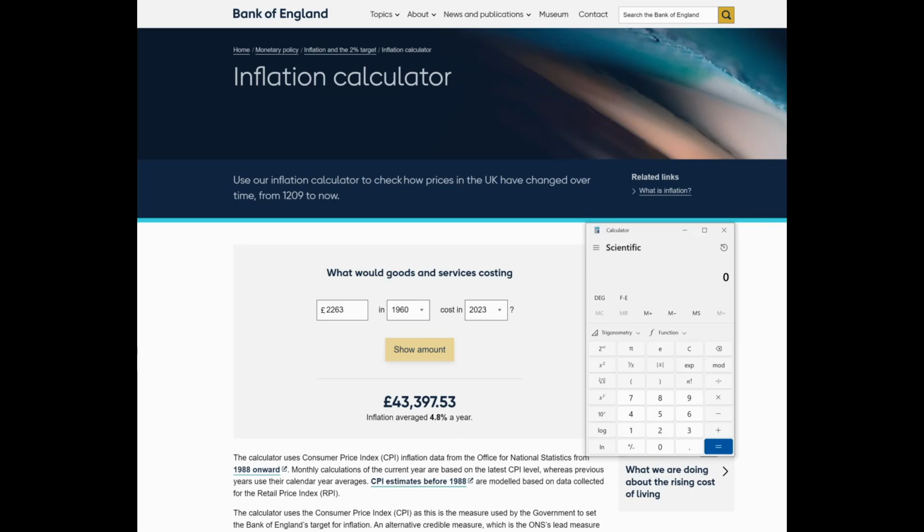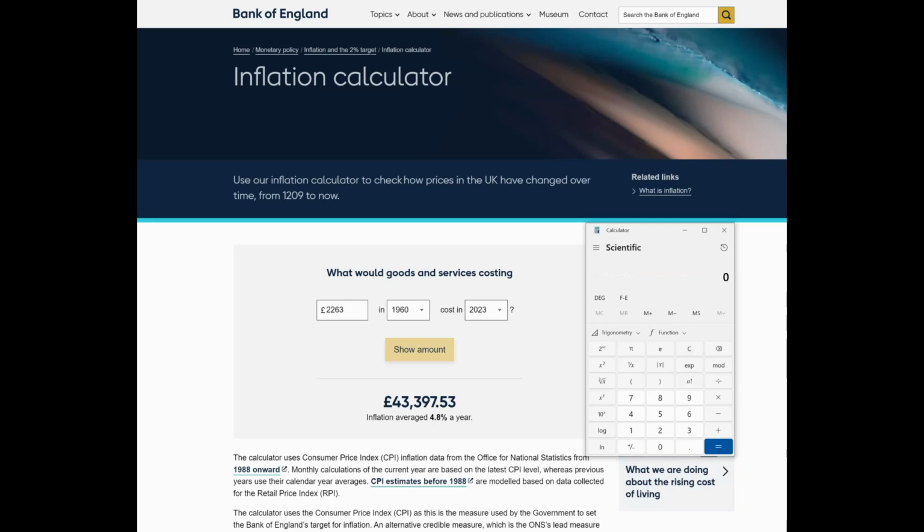So first of all, we need to copy this figure. So it's the 63 years. So you go 1 divided by 63. Now copy this figure. Okay.